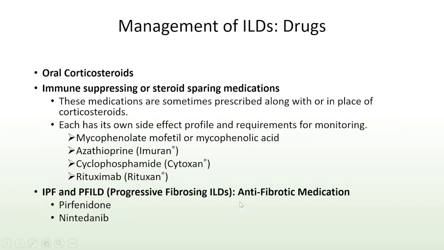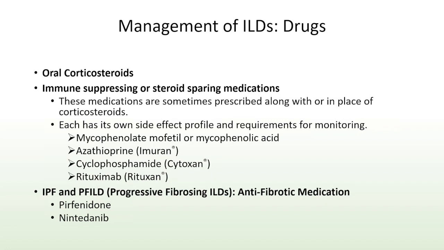There's a new entity which has been recognized in the last 2 or 3 years, which is PF-ILD, or progressive fibrosing ILD. Many of the other idiopathic interstitial pneumonias, hypersensitivity pneumonitis, and connective tissue ILDs may take a turn for the worse in about a quarter of these patients, who develop a lot of fibrosis.